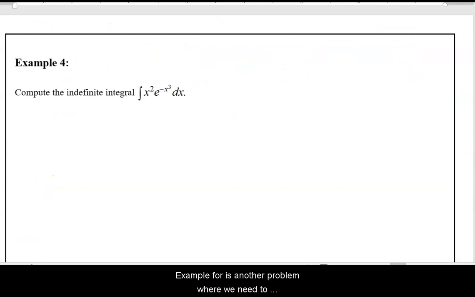Example 4 is another problem where we need to use u substitution. In this problem, it can be a little bit more difficult to figure out what to pick for u, but in general, when you have exponentials, the power on the exponential is often a good choice for u. Then look to see if you have its derivative as a factor in the integrand.